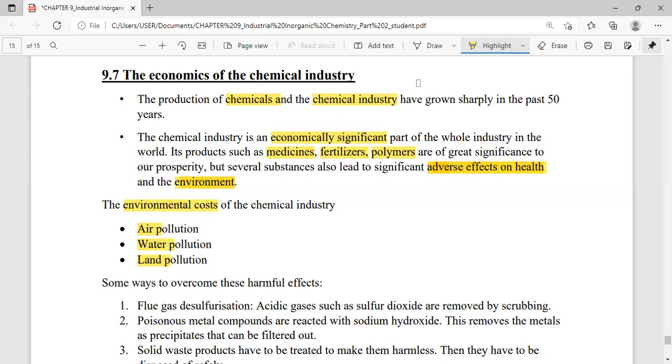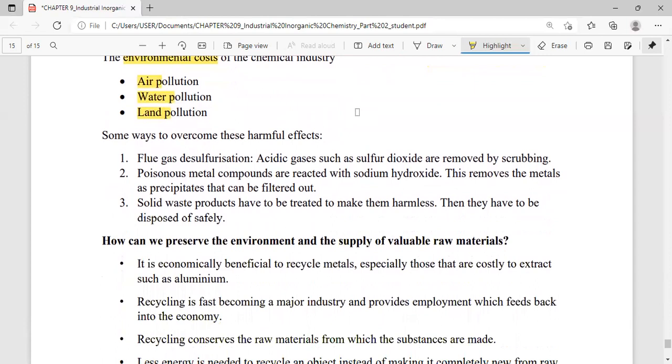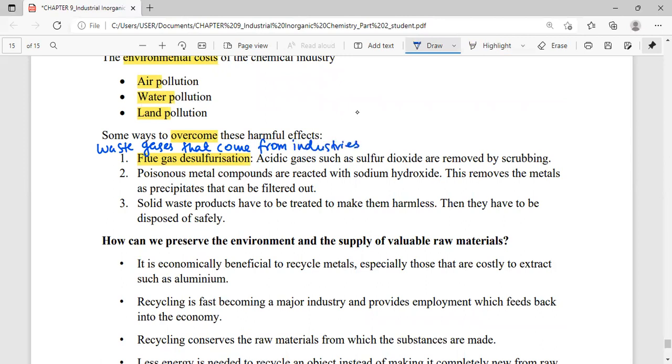There are so many ways to overcome these harmful effects. I've just put a few here. One of these is flue gas desulfurization. Flue gas refers to the waste gases that come from industries.